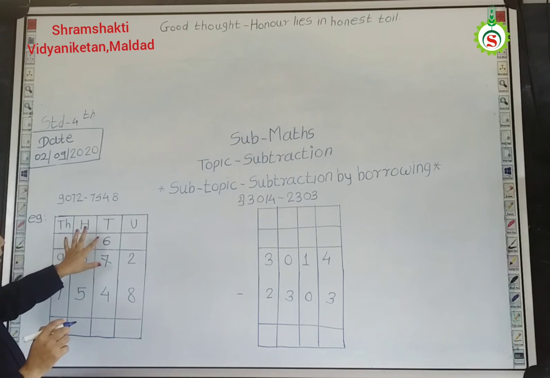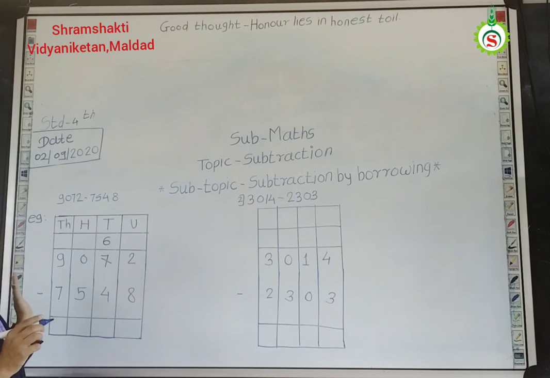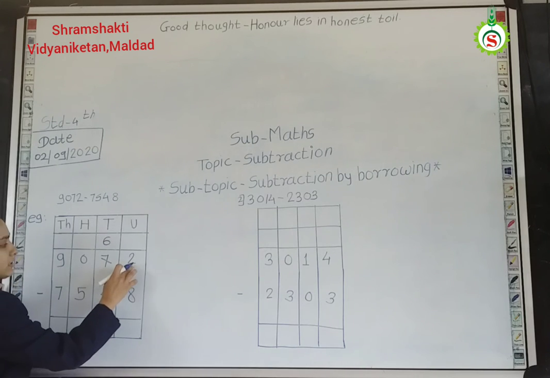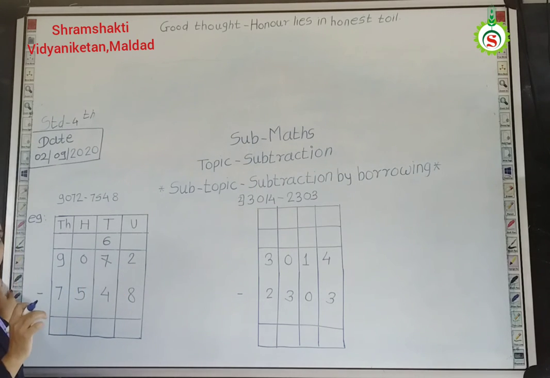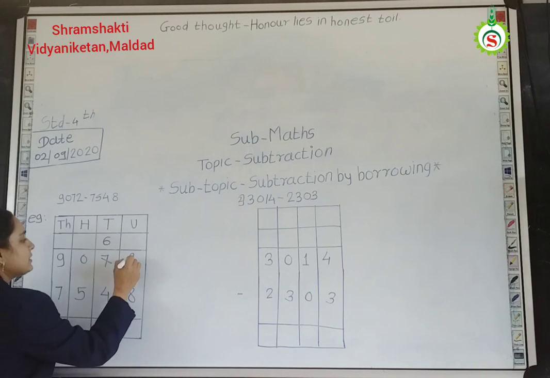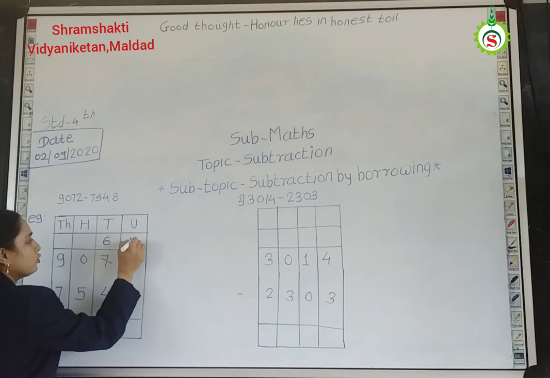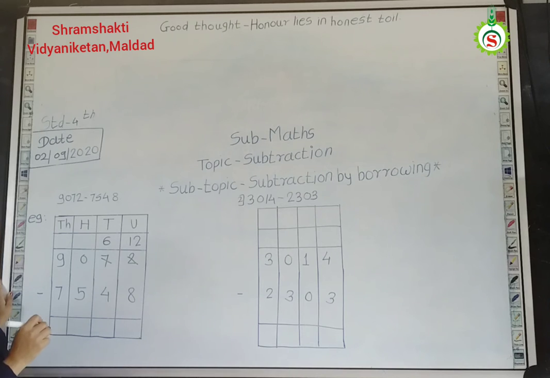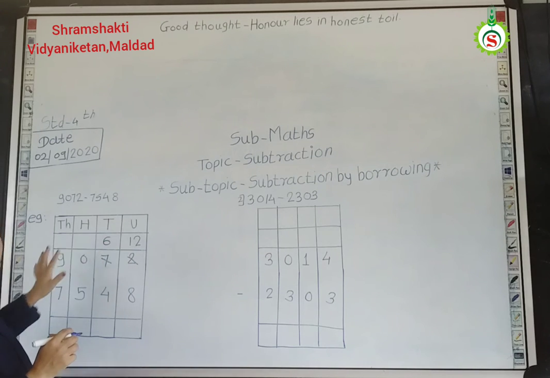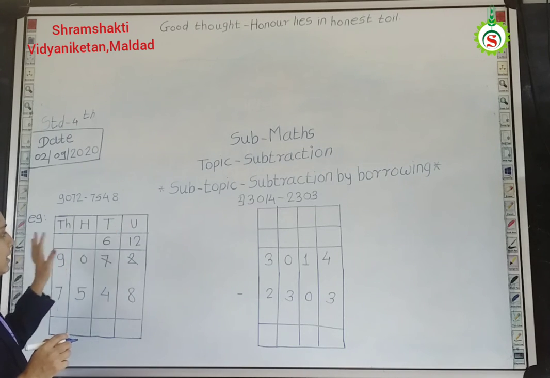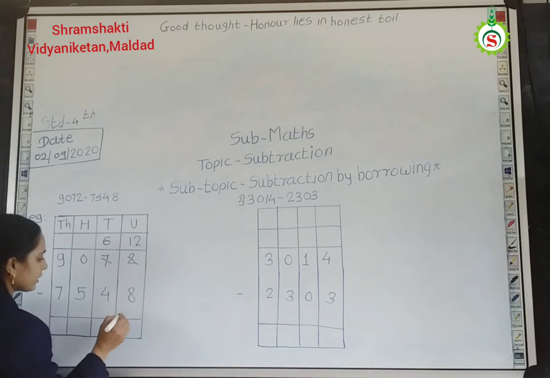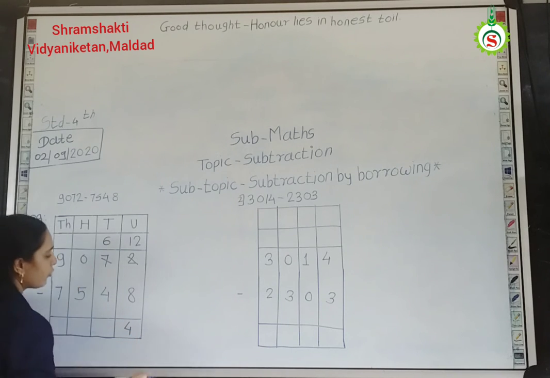Students, here 1 tens means how many units? 10 units. And here are 2 units. 10 units plus 2 units means here we got 12 units. Now see here, 12 units minus 8 units. How much? 4 units. Write down here 4.